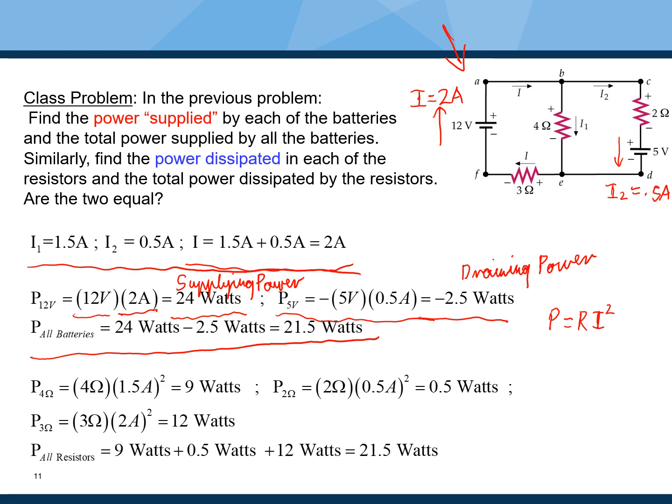It matters not whether the resistor has positive current flow or negative current flow. The power drained by the resistor is always equal to Ri squared. And so regardless of whether I comes out to be positive or negative in that circuit analysis, the point is that a resistor always drains power from a circuit.